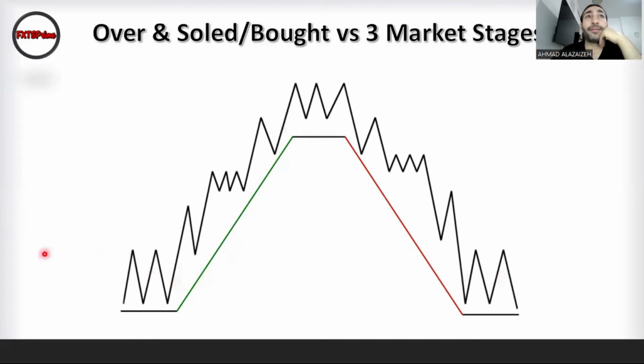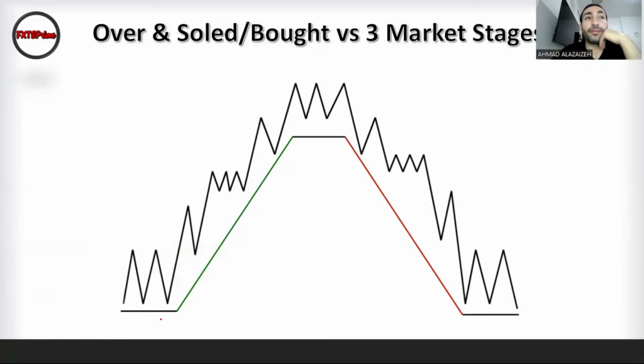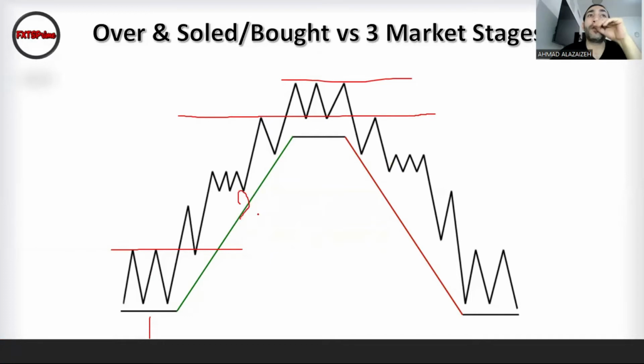Stage one, then it will break out of stage one, and it will make a continuation pattern, then it will move, another continuation pattern, then it will move, then here now it will make another continuation pattern, and it will enter stage three. So we said this is stage two, and this is stage three.